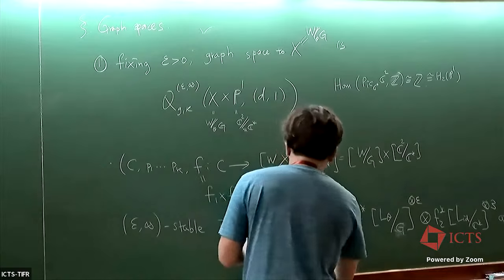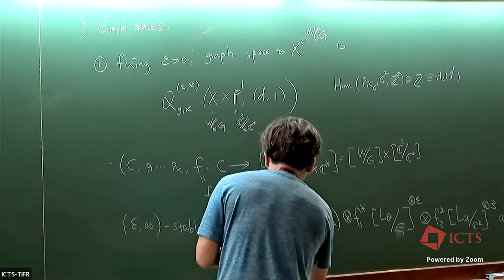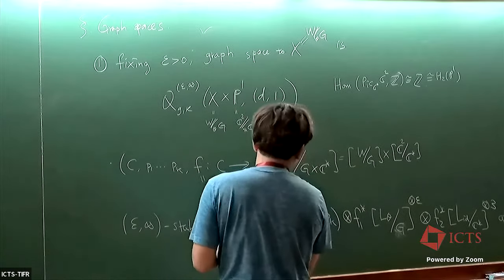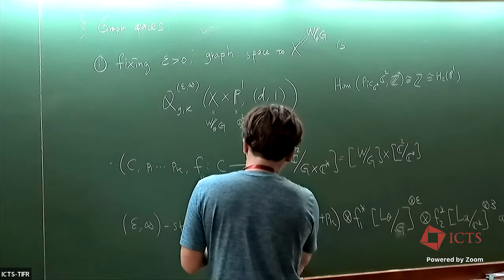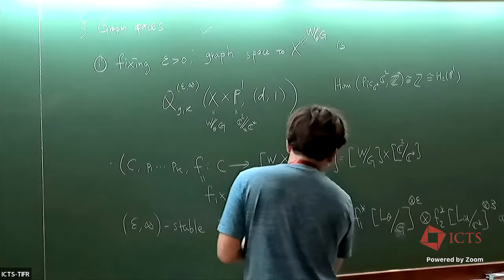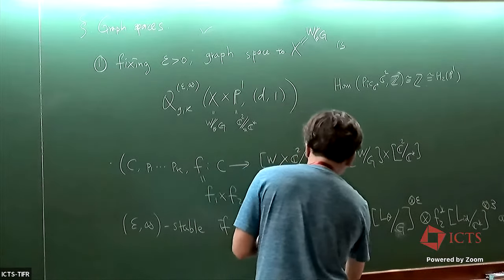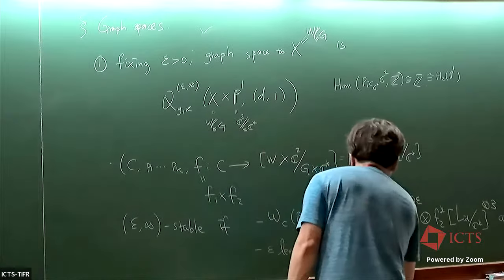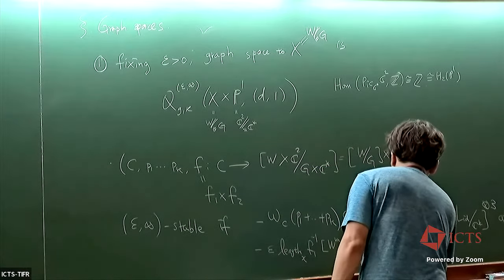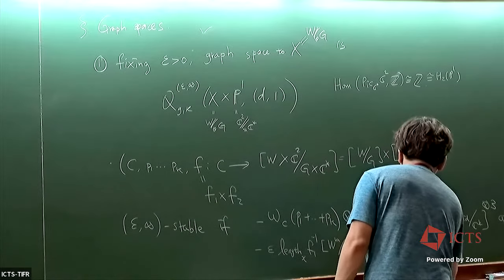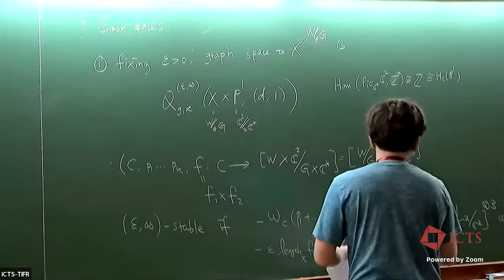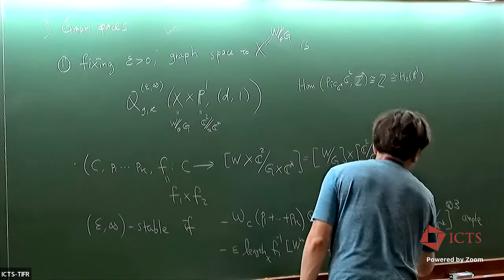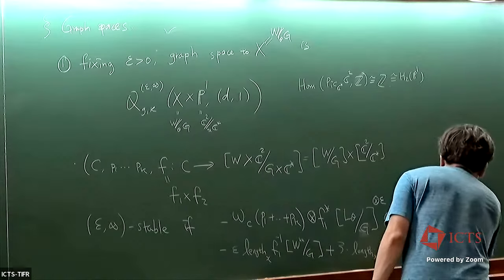We also need a length condition: epsilon times the length of any base point x, where x is in this divisor, plus this number 3 times the length of x in f2 inverse of the unstable locus, which in this case is the origin in C2, is less than or equal to 1.